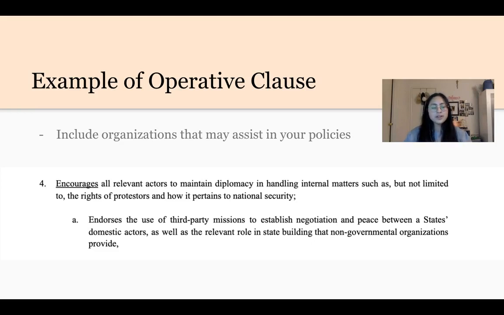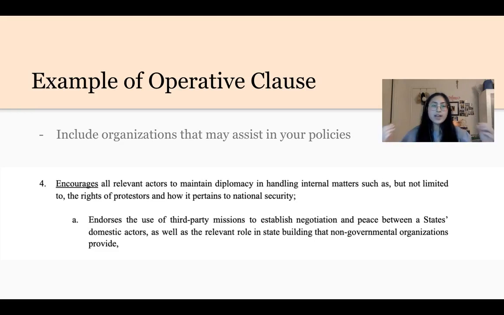Preambles, which is basically your introductions. You want to include anything that is vital information that you will later address through an operative clause, and then your operative clauses, which are your plans and actions that you are planning to take in order to solve some of these issues.